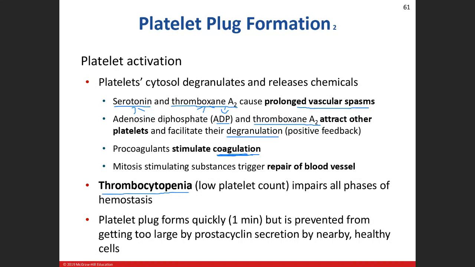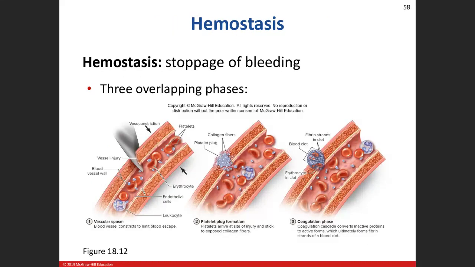So if we go back to this picture here, you notice that the blood is only clotting around the area of the wound. It's not clotting over here, it's not clotting over here, because these endothelial cells are still healthy cells. They're undamaged, so they're still producing that prostacyclin, which is going to repel the blood platelets from clinging onto the wall.